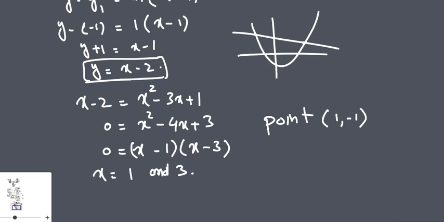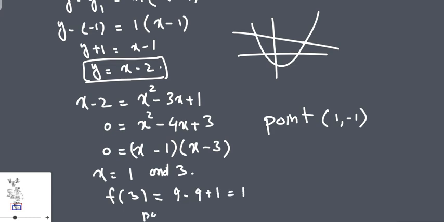For the other value, I have to substitute 3 in my parent function. f of 3 will become 3 squared, which is 9, minus 9 plus 1, which is 1.